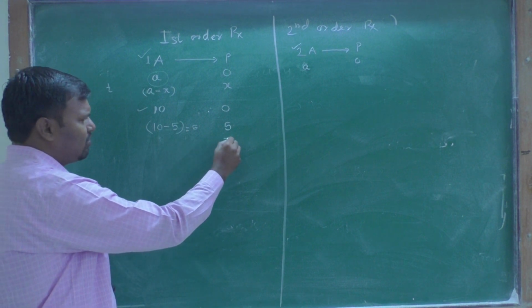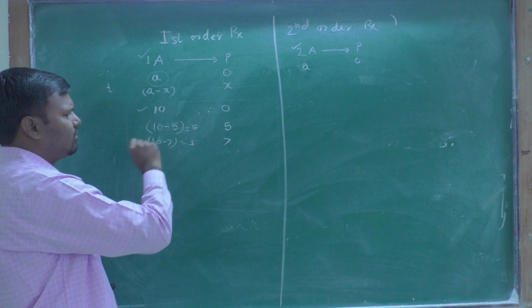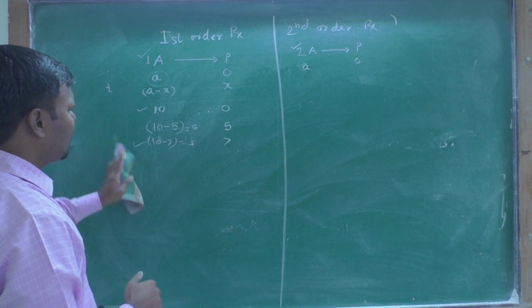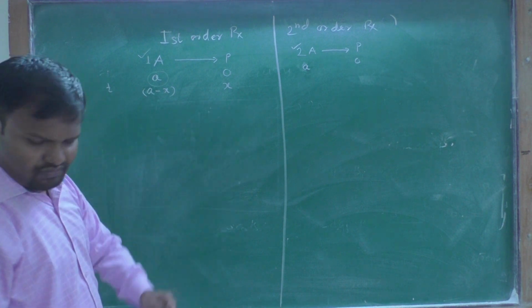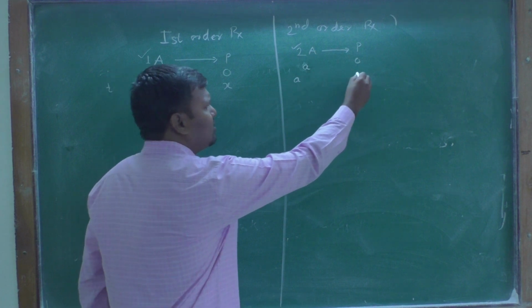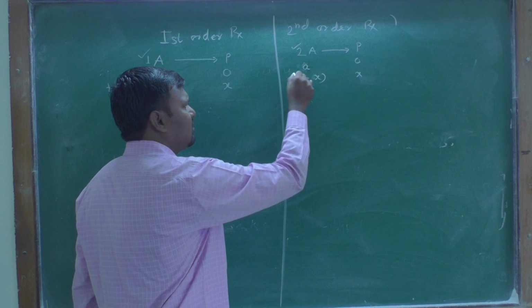After some time it is converted to 7, therefore 10 minus 7, 3 is the concentration remaining for the reactant. Like that, after some time X is obtained, therefore the concentration remaining is A minus X.